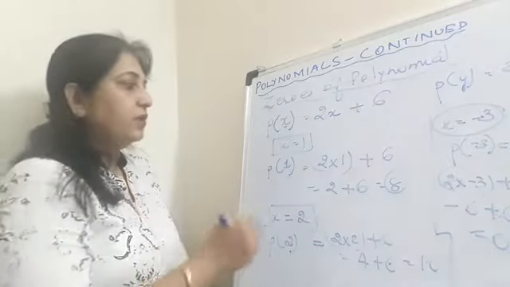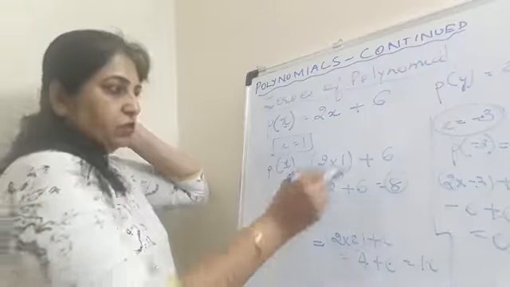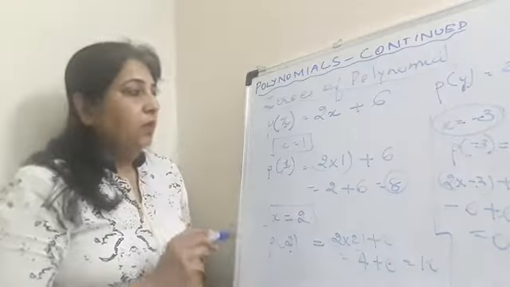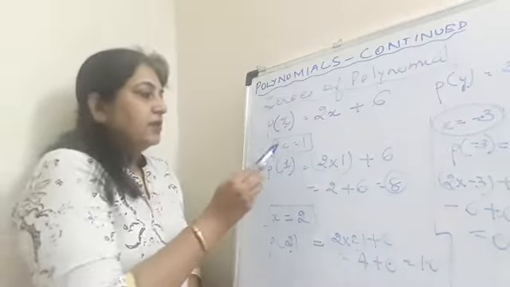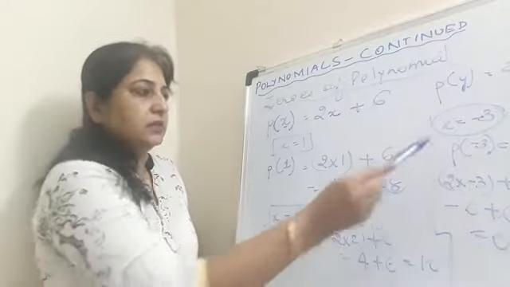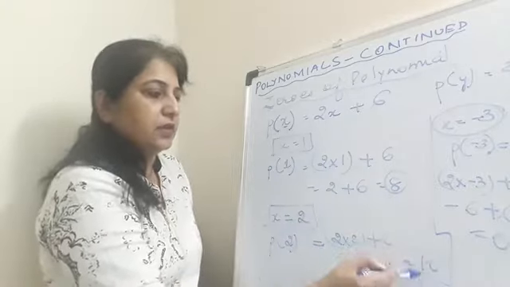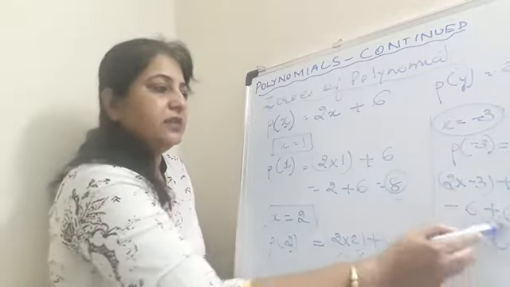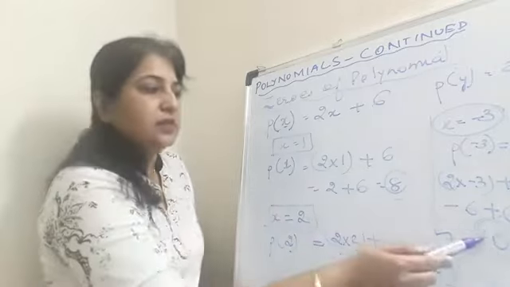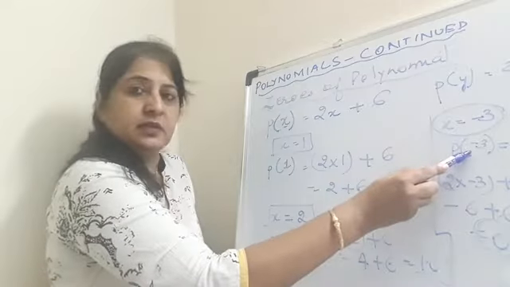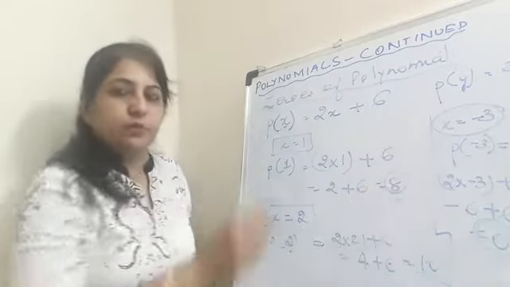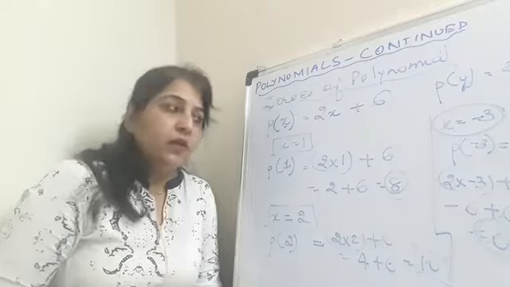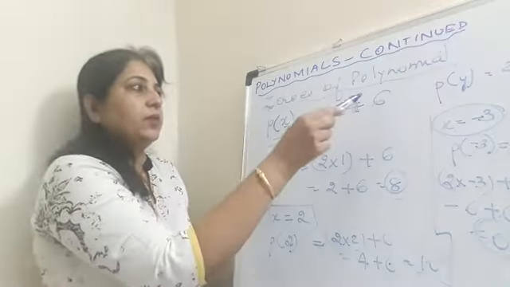So I have assumed three values of x, 1, 2 and minus 3. Now what? When I look at the answers of these three solutions, here I get 8, here I get 10, but here I get 0. So this value of x is called the 0 of the polynomial. Okay, so what is the 0 of the polynomial?